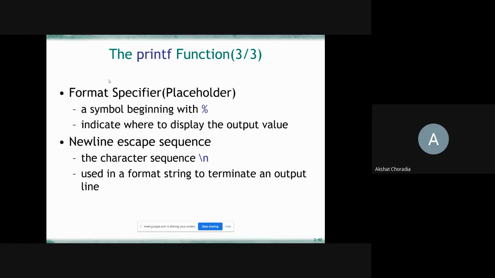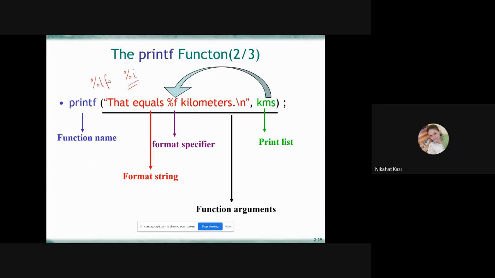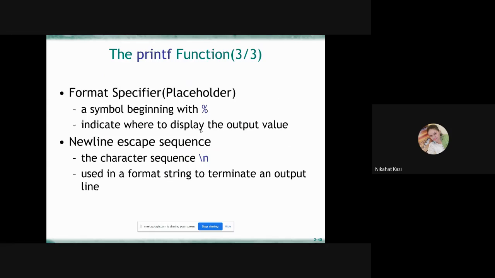So again, it's given here. A symbol beginning with % indicates where to display the output value and what the type of the value is. And this is new line. You see one new character here, this \n. This \n is a special character called an escape sequence.